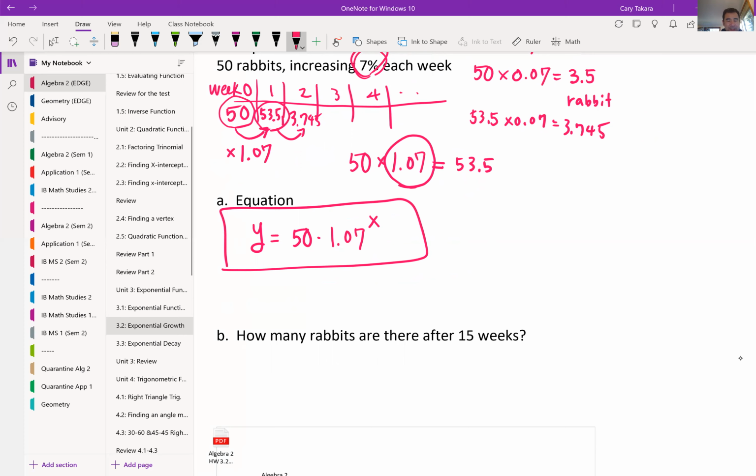Just your guess. How many rabbits do you think we will have after 15 weeks? Over 100, 200? Well, let's figure it out. So it will be 50 times 1.07 to the 15th power. Let's do that. Everybody take out your calculator.